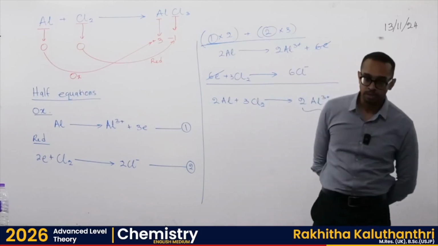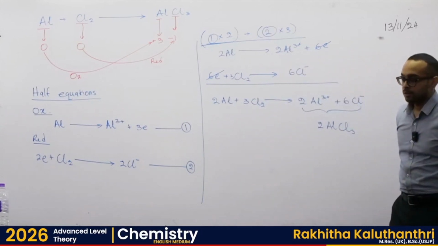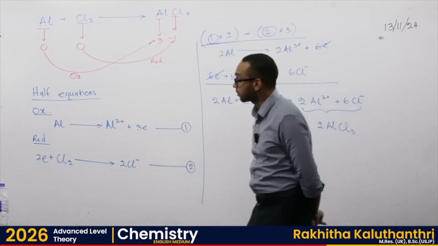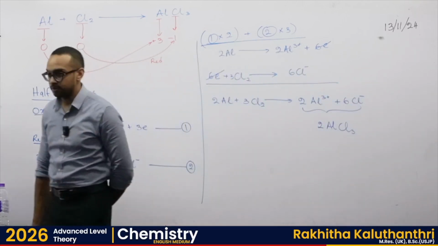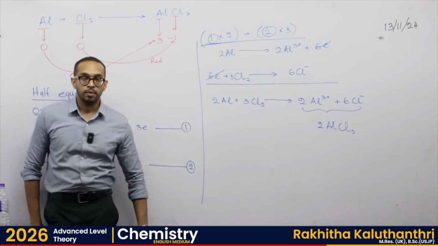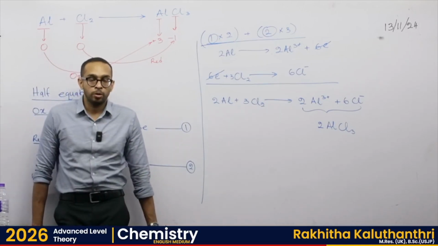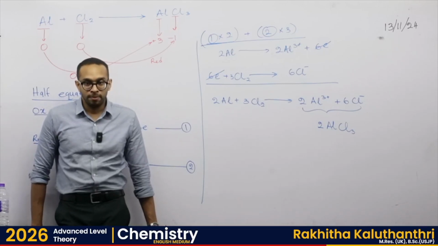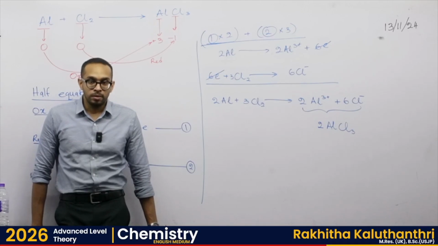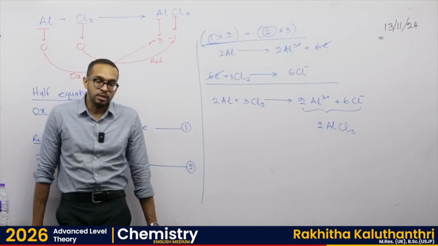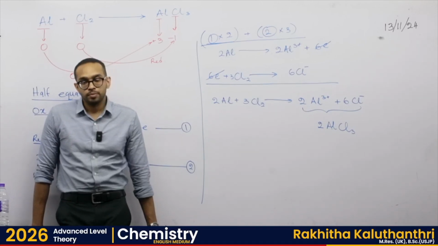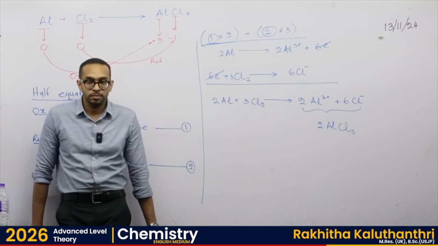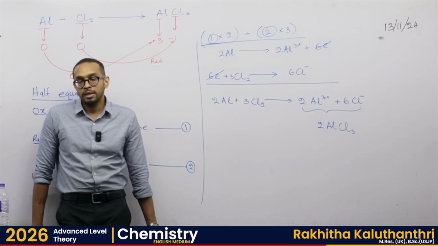You can write a new question. Write the reduction and oxidation half equations of the following reactions, and balance the equation.